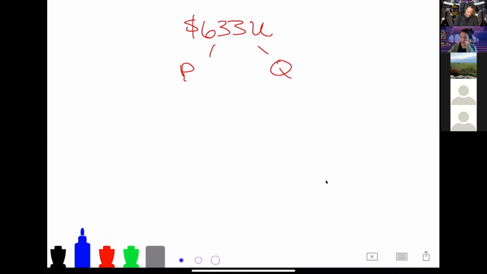So if we go back to that slide to get your price variance, actual direct materials times the difference between the standard price and the actual.